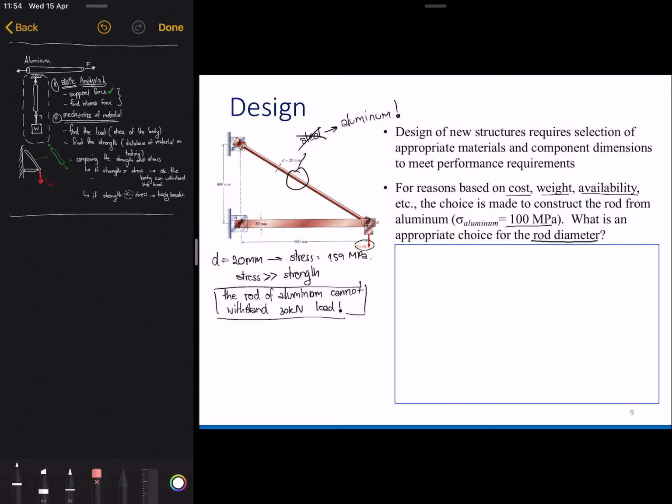So what do we have to do here? The question is, what is the appropriate rod diameter? You know the load already. You know the stress equals force over area.